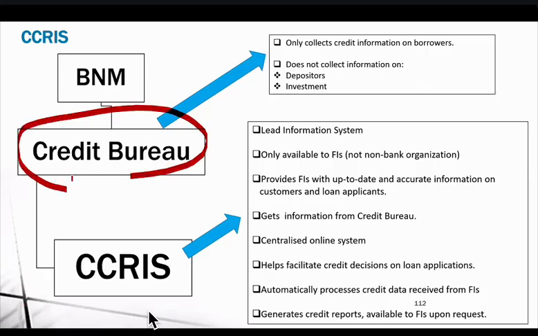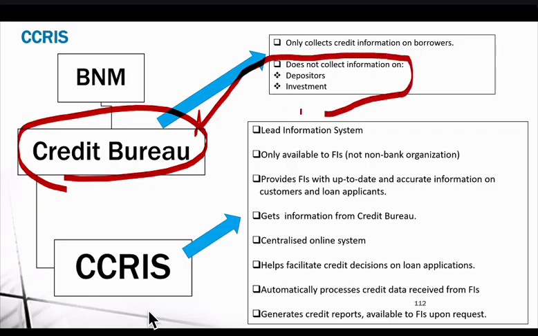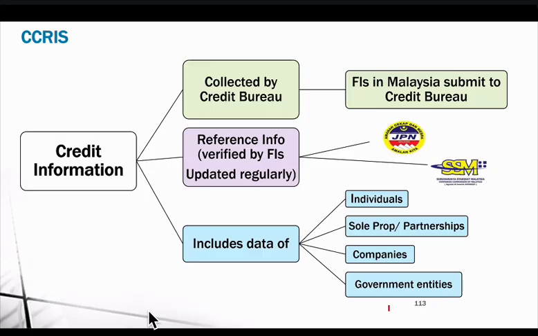The credit bureau is responsible for collecting credit information, but note for the exam, it doesn't collect information on depositors and investments. CCRIS is only available to FIs, it's the lead information system. It gets the information from the credit bureau, and it automatically processes credit data received from FIs, and it generates credit reports upon request.